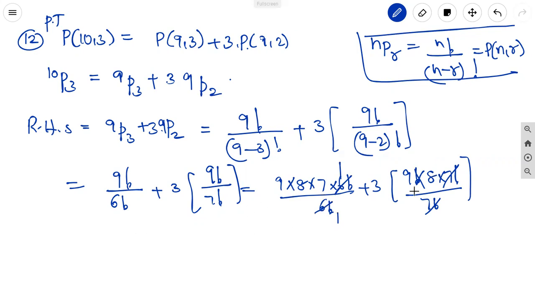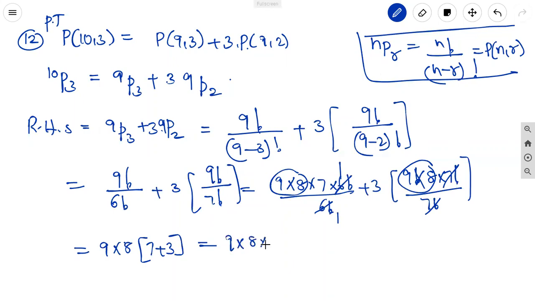Now from these two terms, taking common 9 into 8, the remaining terms of the first and second are 7 plus 3. That is equal to 9 into 8 into (7 plus 3), which is 10. Writing in order, 10 into 9 into 8.